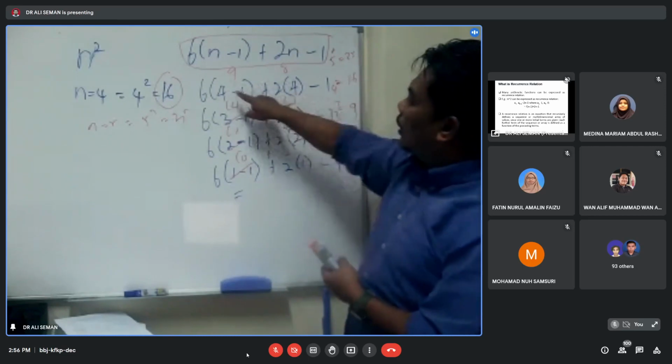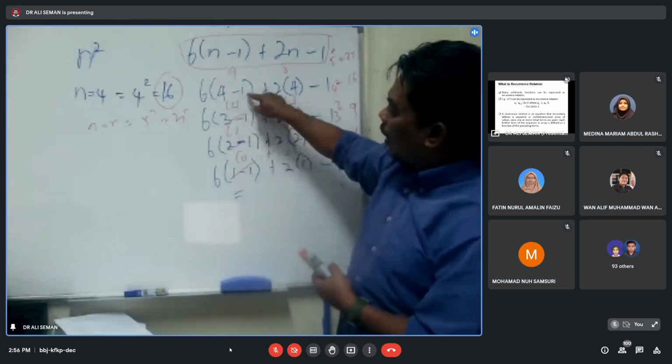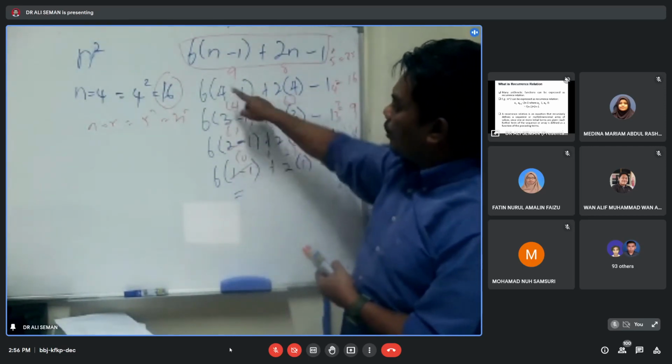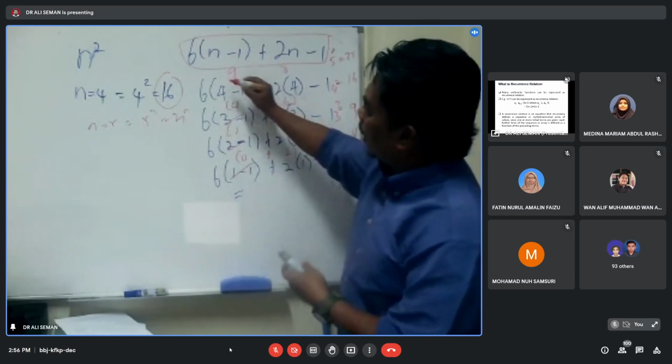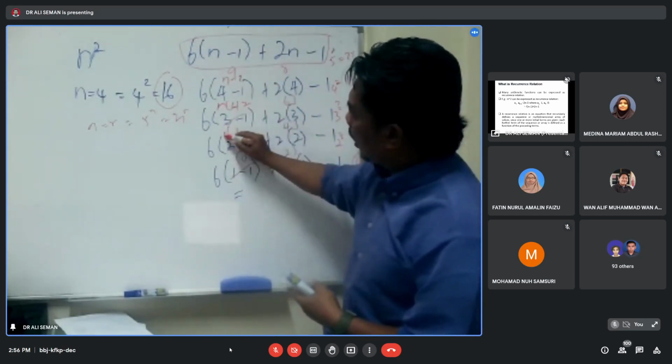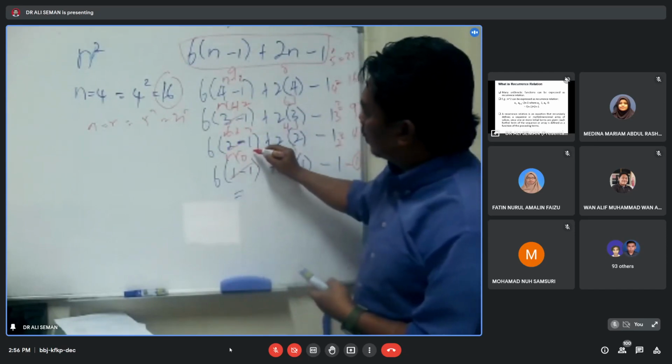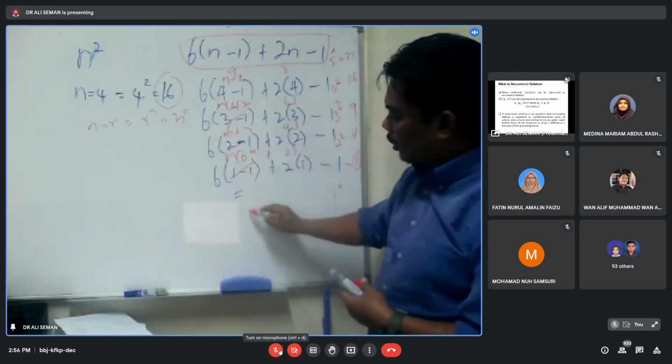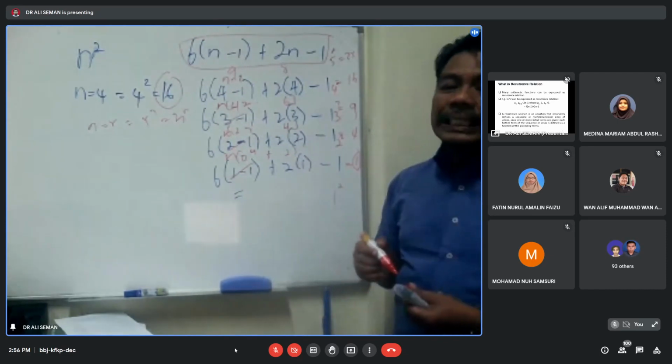What is the recurrence here? 4 minus 1, 3 minus 1: this is actually n minus 1, and this is n minus 2, n minus 3, n minus 4, and so on and so forth. This forms the recurrence.